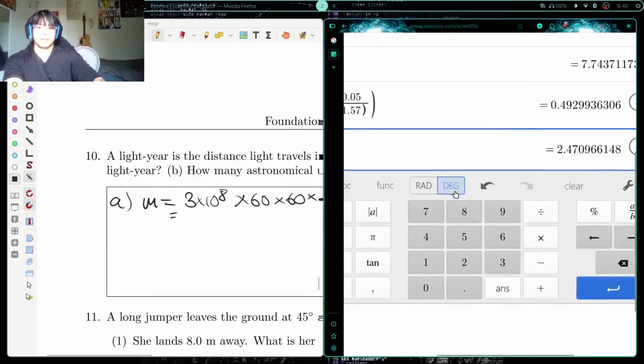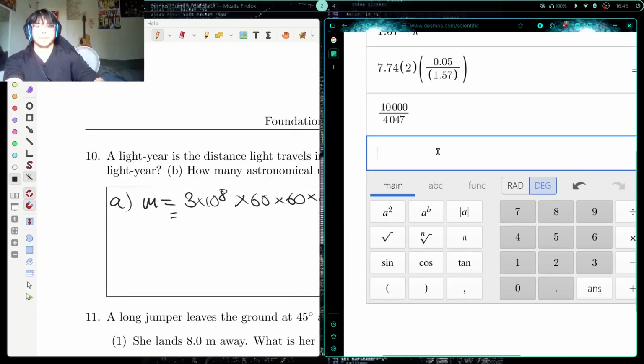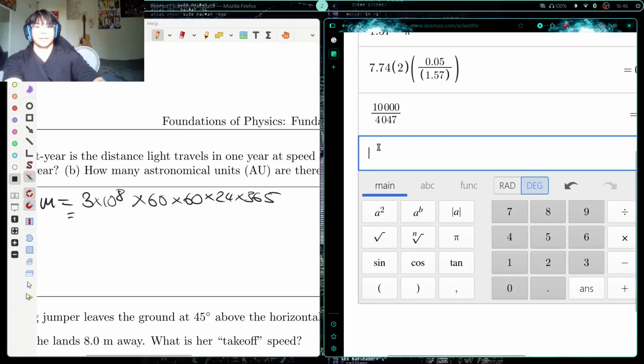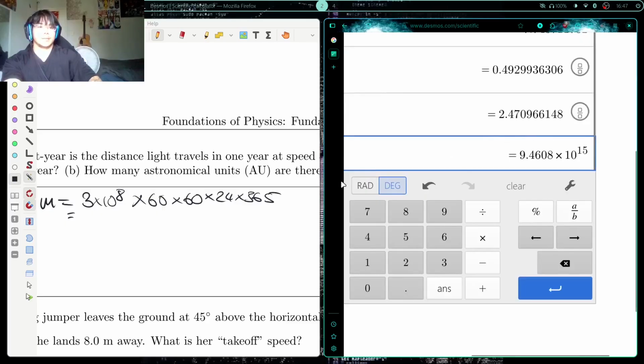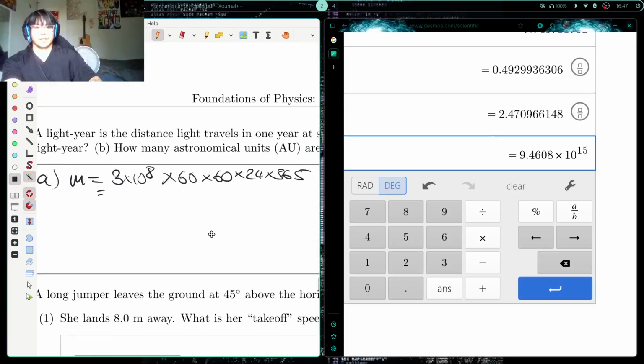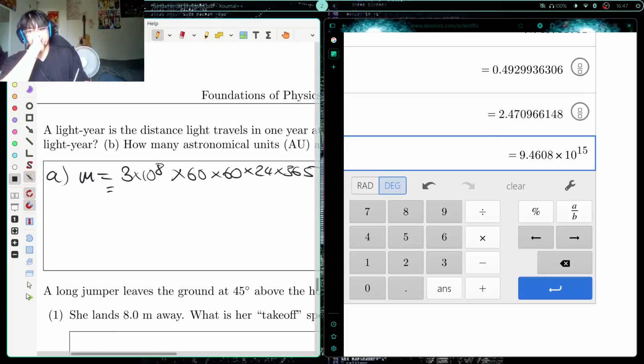What do we have? 3 times 10 to the 8 times 60 squared times 24 times 365, and we get a number like this, and we are in 3 significant figures, so this is just 9.46 times 10 to the 15 meters.